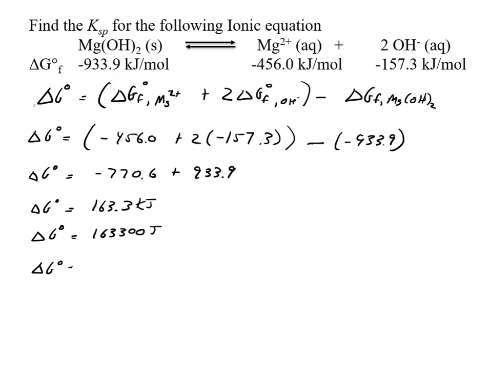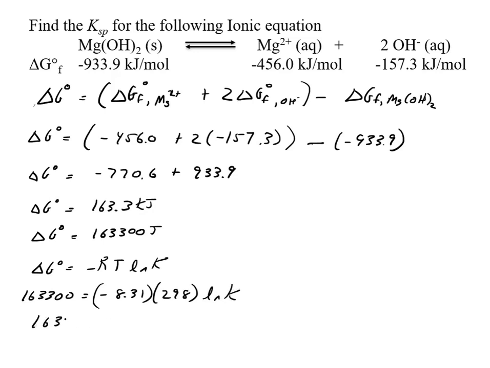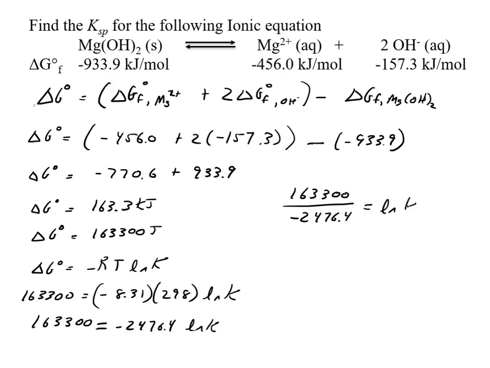And then delta G naught is a negative RT natural log of K. So I have 163,300 is equal to negative 8.31 times 298 natural log of K. So I have 163,300 is equal to a negative 2,476.4 natural log of K. So 163,300 divided by the negative 2,476.4 is equal to the natural log of K. So the natural log of K is equal to a negative 65.94.